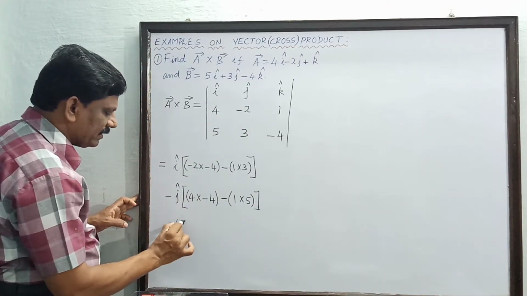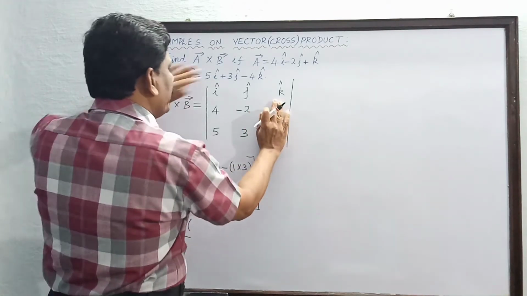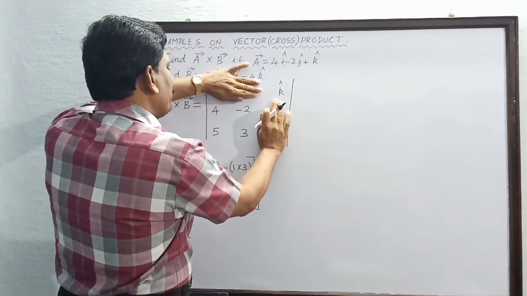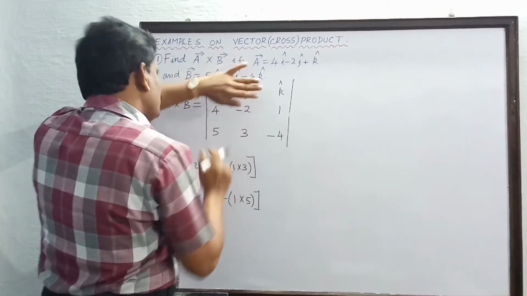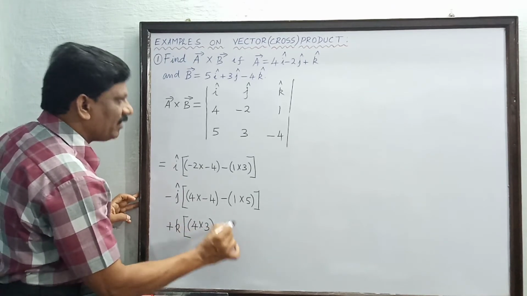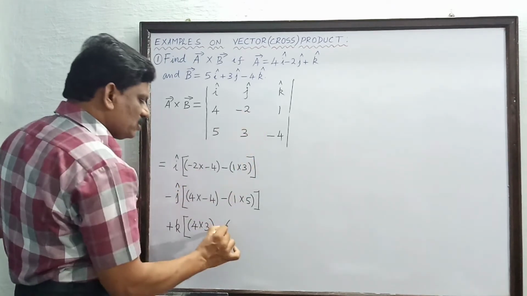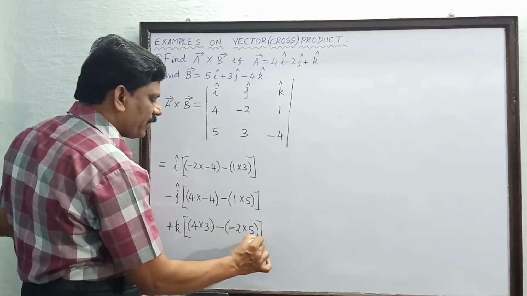These two I will cover. So k cap into 4 into 3, minus of minus 2 into 5.